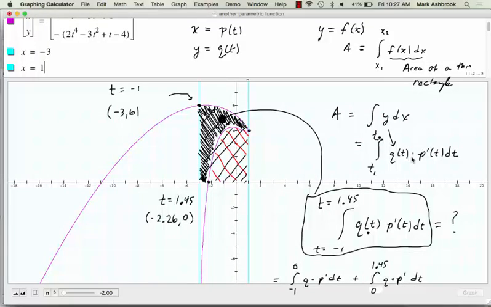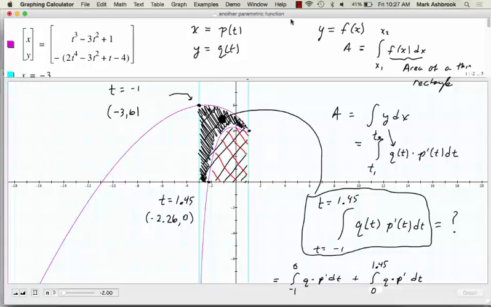And so then doing the math is just taking q of t, which is your y function. You would take this y function here, multiplied by p prime, so 3t squared minus 6t. And so you would just have a long polynomial. You could do the antiderivative of that, and then take it for your limits from -1 to 1.45.